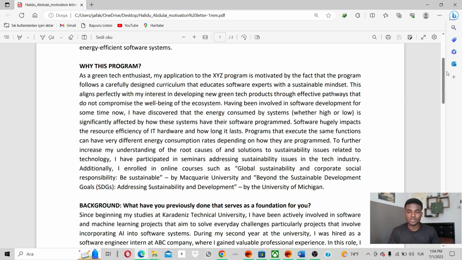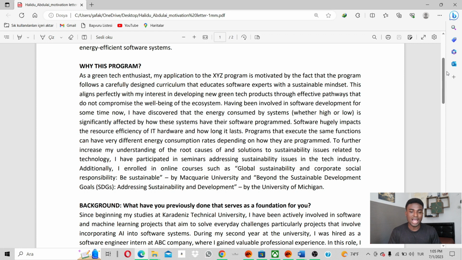Having been involved in software development for some time now, I have discovered that the energy consumed by systems, whether high or low, is significantly affected by how these systems have their software programmed. Software hugely impacts the resource efficiency of IT hardware and how long it lasts. Programs that execute the same functions can have very different energy consumption rates depending on how they are programmed.